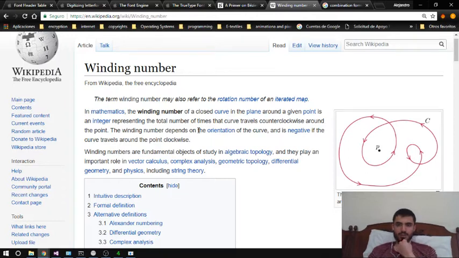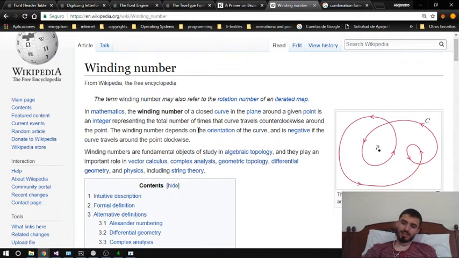Traverse counterclockwise around the point. The winding number depends on the orientation of the curve and is negative if the curve traverses around the point clockwise. So yeah, because it travels 1 and 2 outside, 1 in the inside and 2 in the outside.